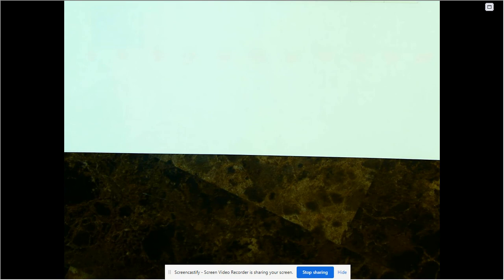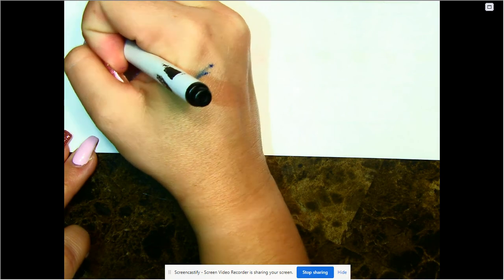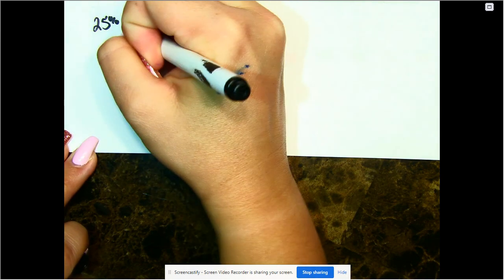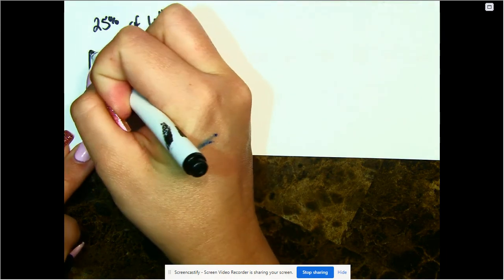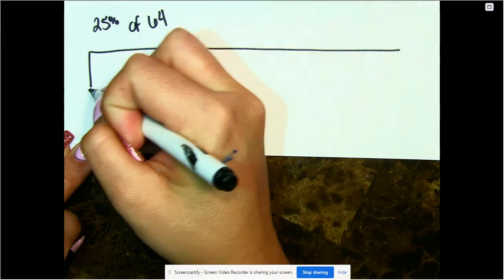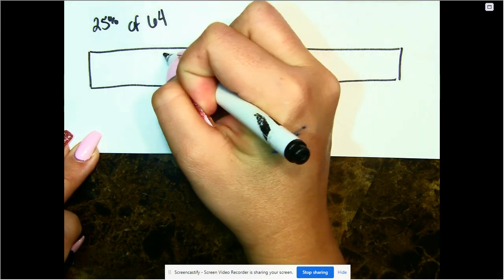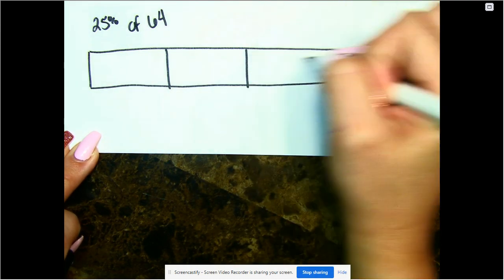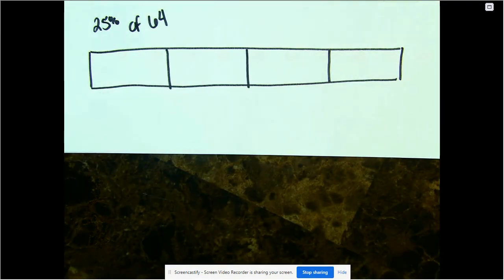Okay, so now we're going to do 25% of 64. Okay, so 25% of 64. This is going to look a little bit different because I'm going to split this particular bar only into 4 sections. Okay, so now my percents down here are going to change just a little bit.